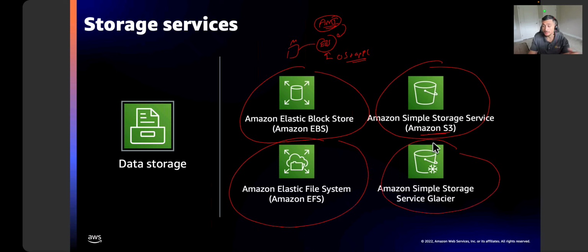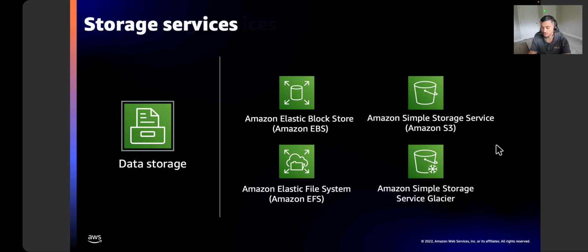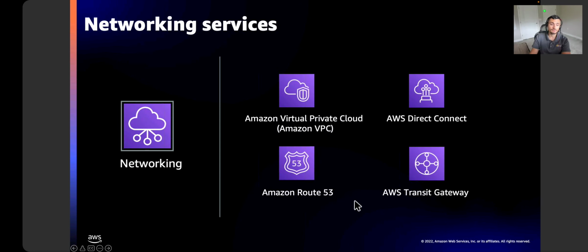And then we have Amazon S3 Glacier, which is just a different flavor of S3, but this is for archival storage. So for long-term backups and things that you need archived, you can store them in Glacier, and you're going to be paying much, much less for storing them as archives in Glacier. It also gives you secure and durable storage. So know the differences between the storage services that are provided.